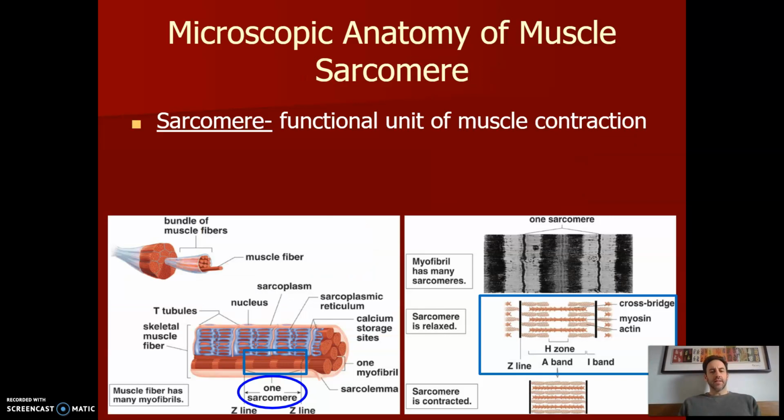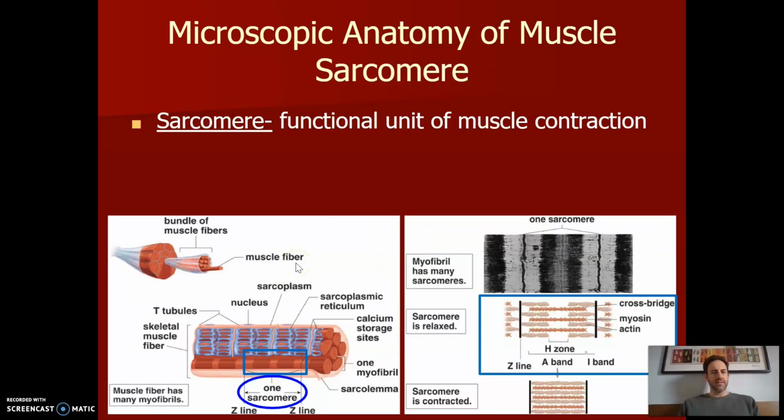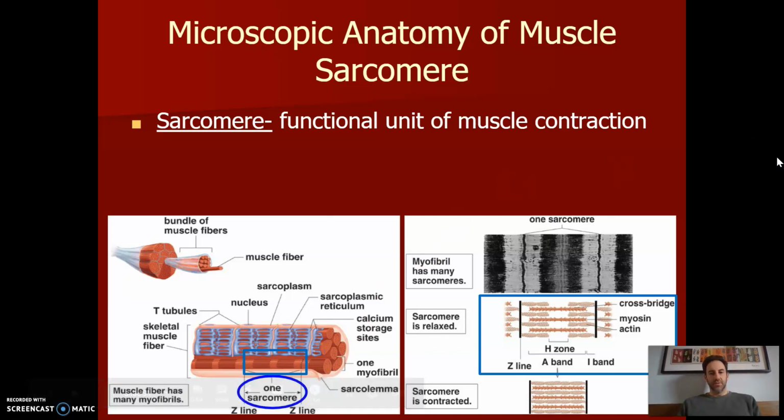And then the last structure I wanted to point out: you'll notice this says one sarcomere, and that's what we're really going to zoom in on. The sarcomere is basically the functional unit of muscle contraction. In other words, if we can understand how one sarcomere, this little structure right here, does its job, we can understand how muscle as a whole is able to do its job.